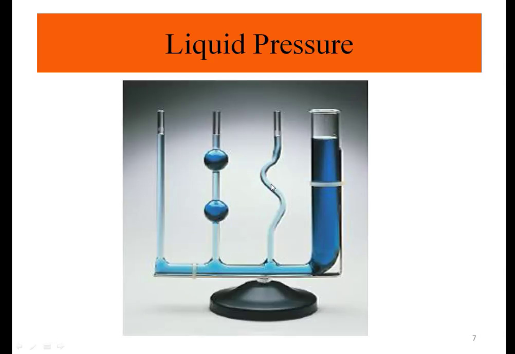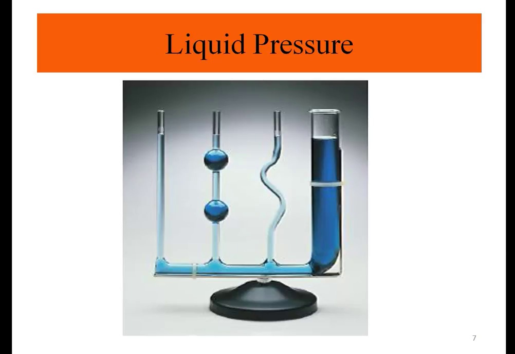As we see here, we have some interconnected containers with the same liquid height, and we have the same liquid inside. So height and density are equal for all these columns.